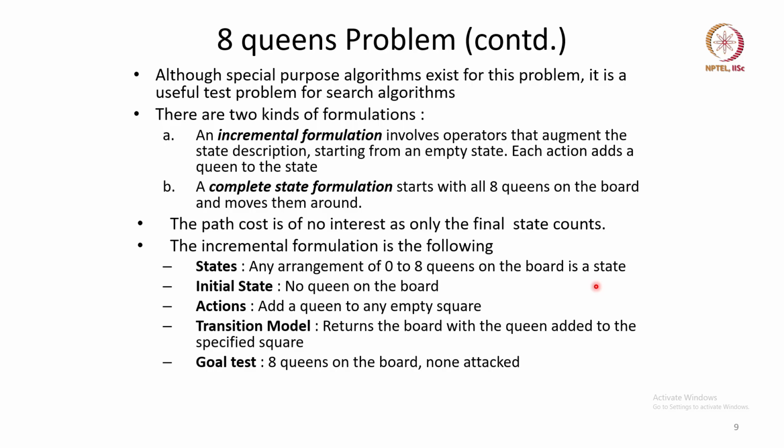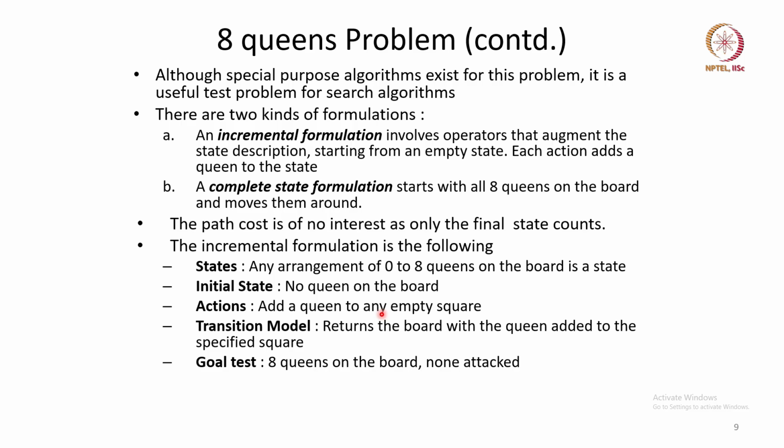And the initial state will be just the chessboard with no queen on it. And what is the action? Action is to add 1 queen to any empty square which is there.